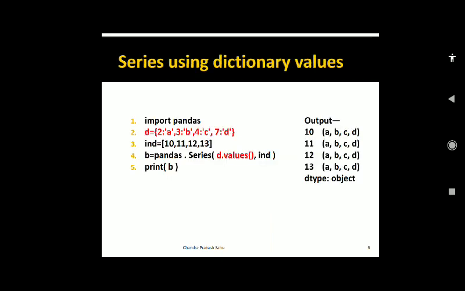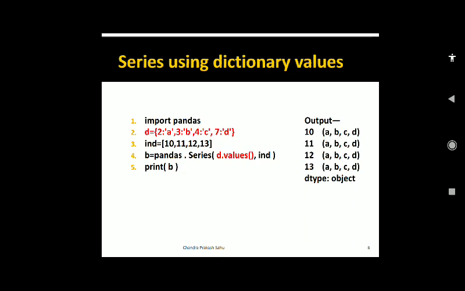Series using dictionary. You can create a series using a dictionary in a similar manner to that used with list and tuple. You know that when you call dictionary.values or dictionary.keys, it creates a list of values and a list of keys. So using a similar method as you used with list to create a series, you can do it.